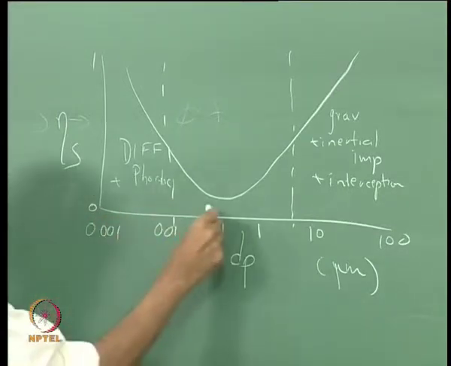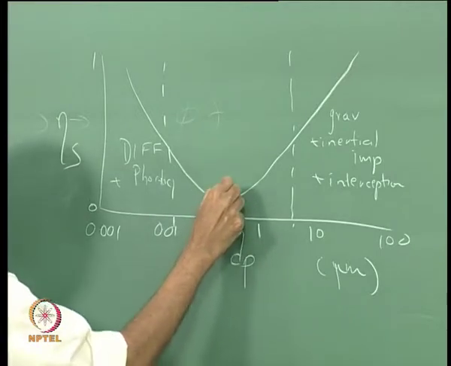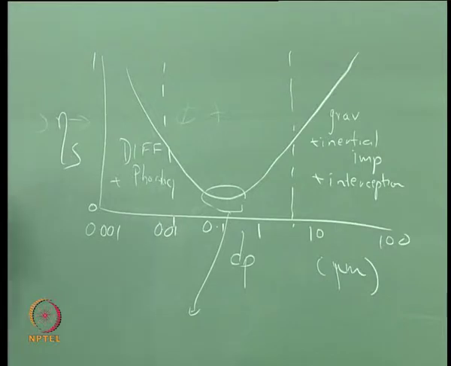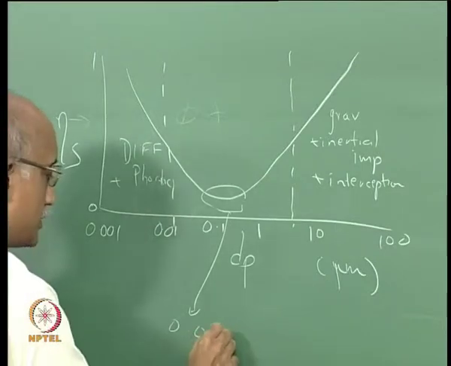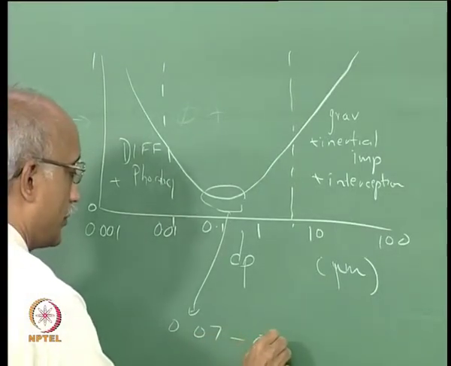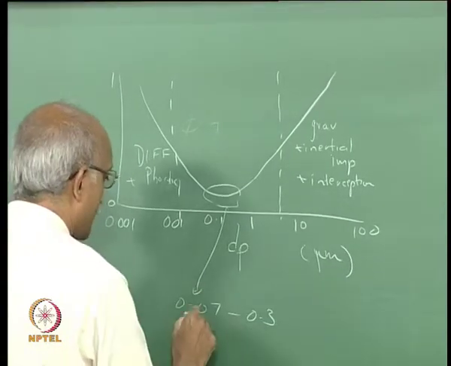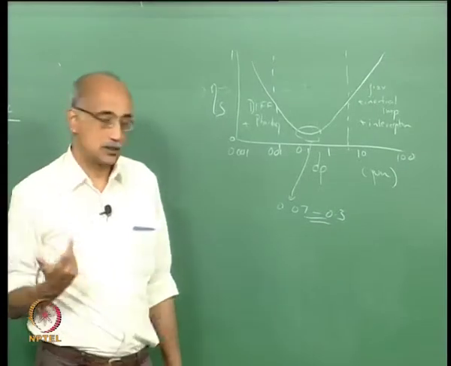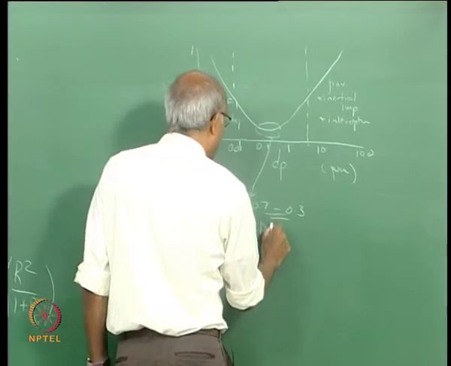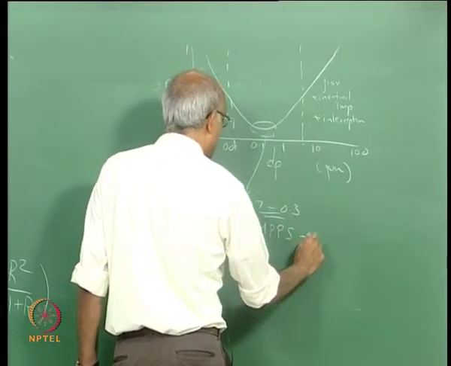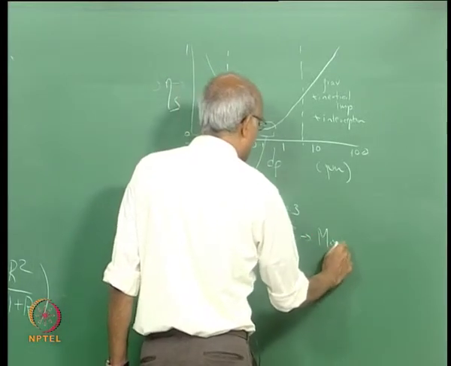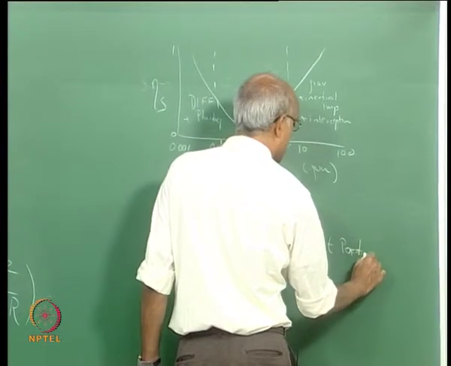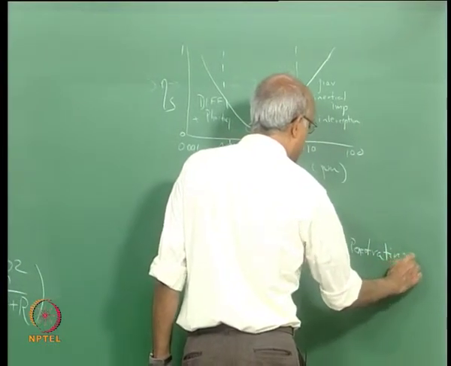So, the minimum in the filtration efficiency is obtained in a size range between 0.07 microns and about 0.3 microns. In fact, this size range is known as the MPPS range, which stands for most penetrating particle size.